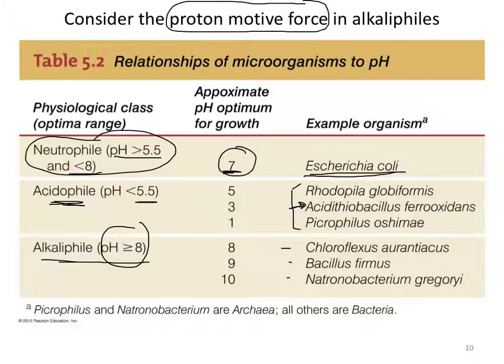And if you think about particularly an alkalophile, it's living in an environment where there's already a really low concentration of H+ on the outside. So given where it's living, how the heck does it manage to maintain a proton motive force? And that's really an interesting question, and I don't have the answer for you. Scientists have not yet figured that out.